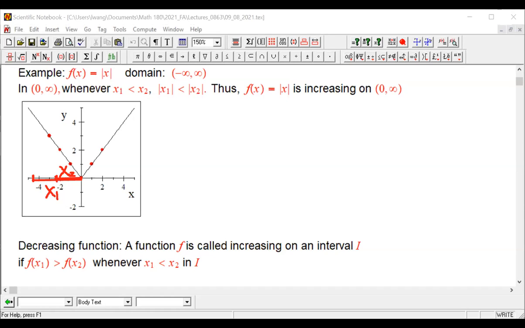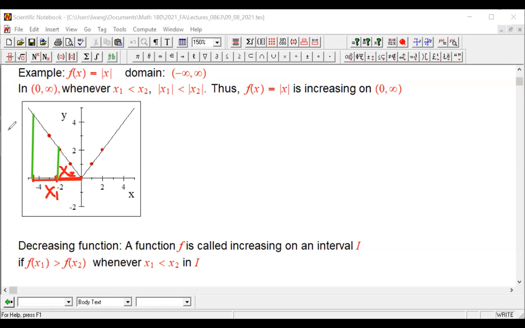Yes. We still follow that whenever x1 is less than x2, what are their respective outputs? Their respective output for x2 is this guy, and for x1 is this guy. You see that? So we're going to mark it.